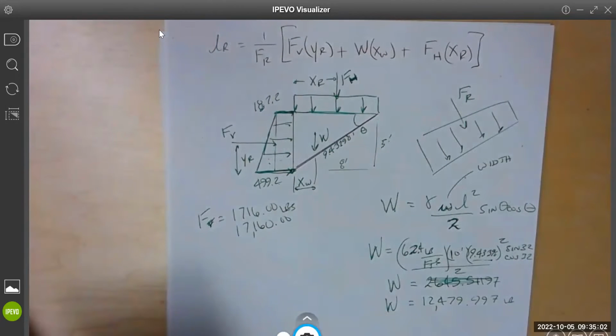But I'm going to do the triangle again. Yeah, 780 for the triangle. 17,160 before you multiply by 10, and then 17,160 once you multiply by 10.